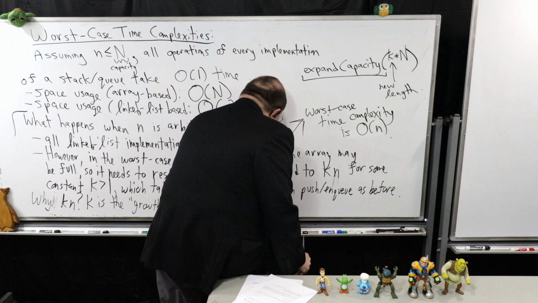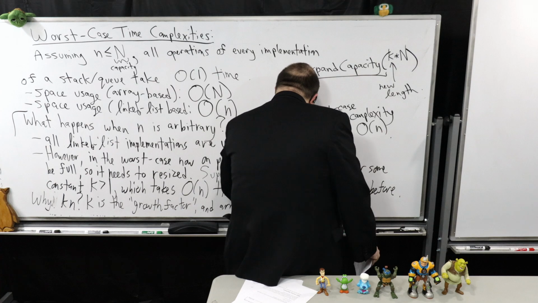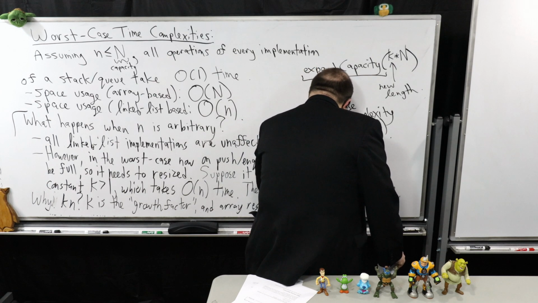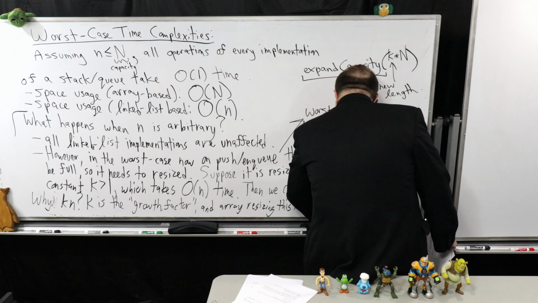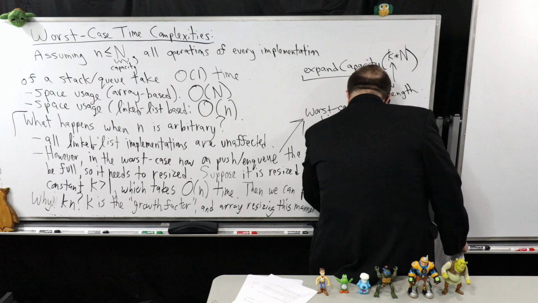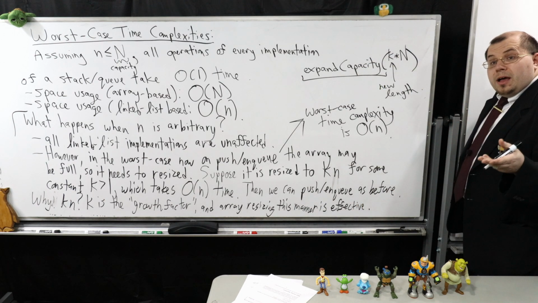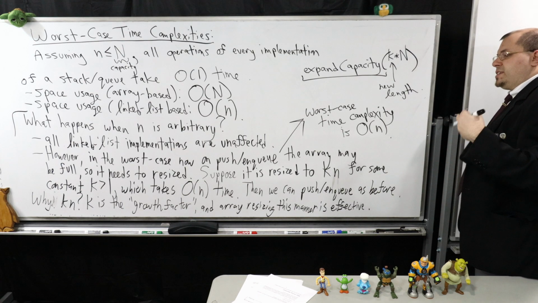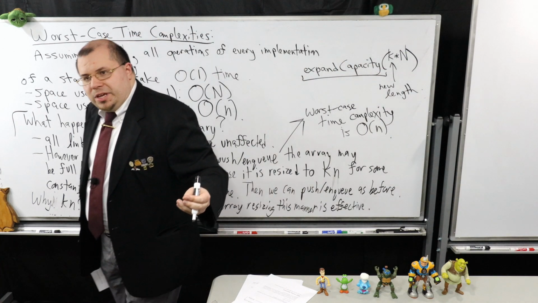An array resizing is effective. So from your perspective, if I were to resize by k times n, for example, if k is 2, that means I'm always going to double the length of the array.